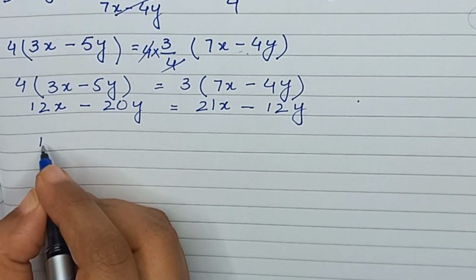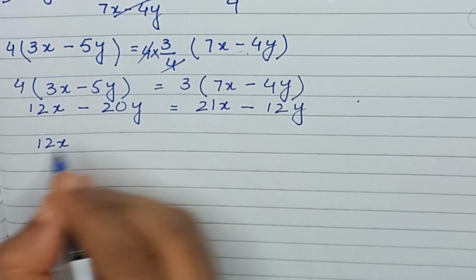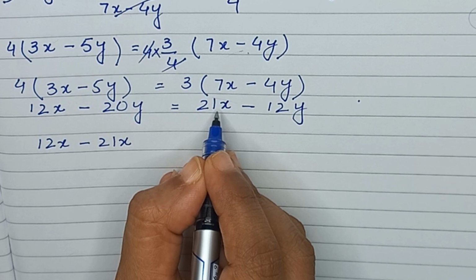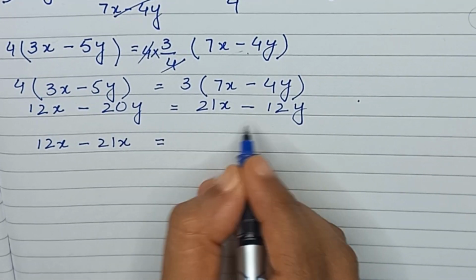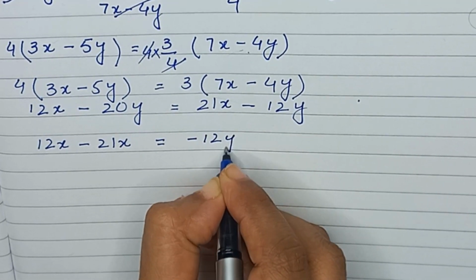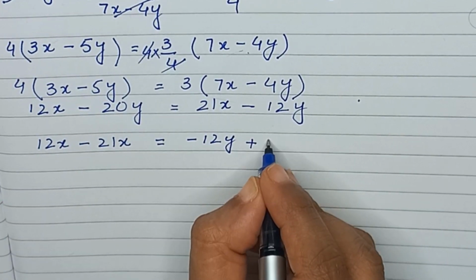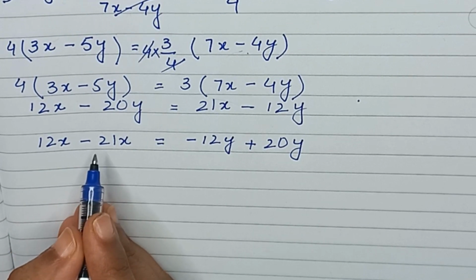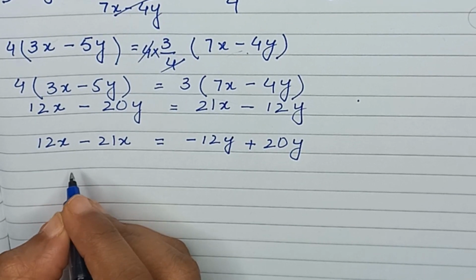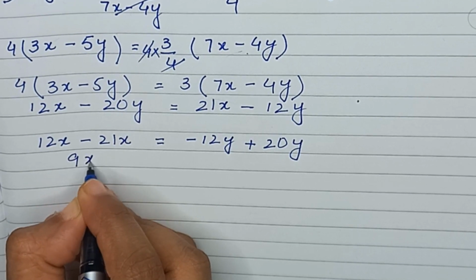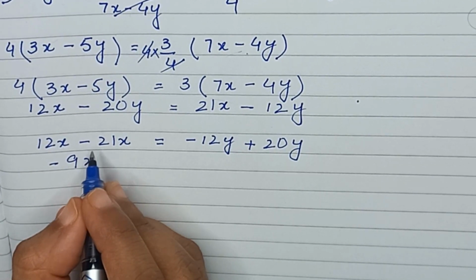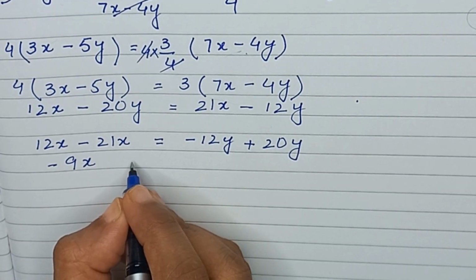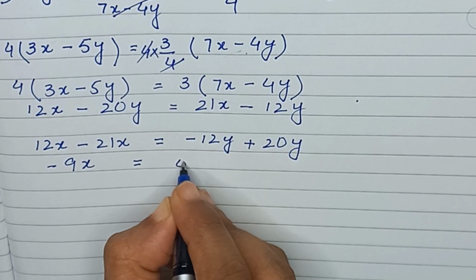So it will become 12x and it will become minus 21x because it will change its position from the equal side, and minus 12y. So it will become positive 20y. So 12x minus 21x will become negative 9x, because 21 has negative value and 21 is bigger than 12. So here we have 8y.